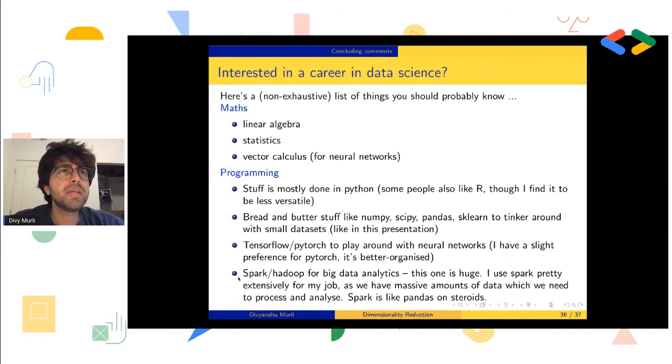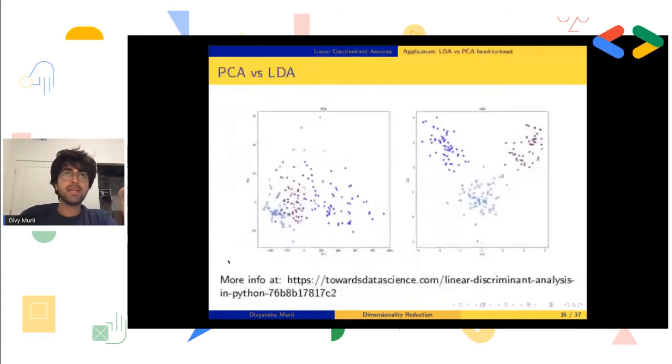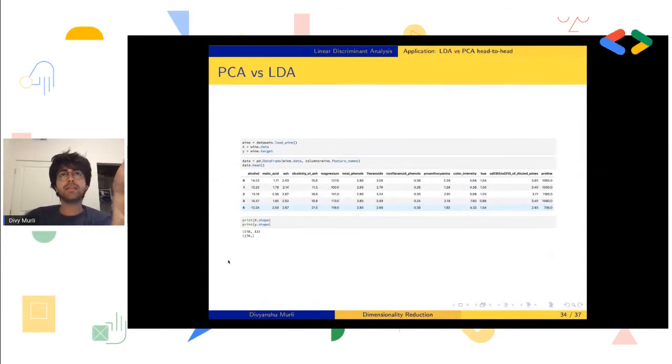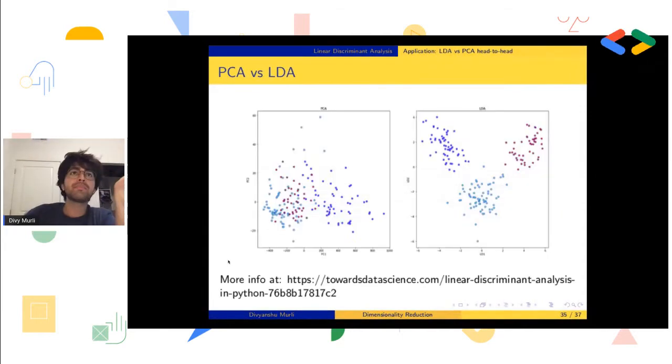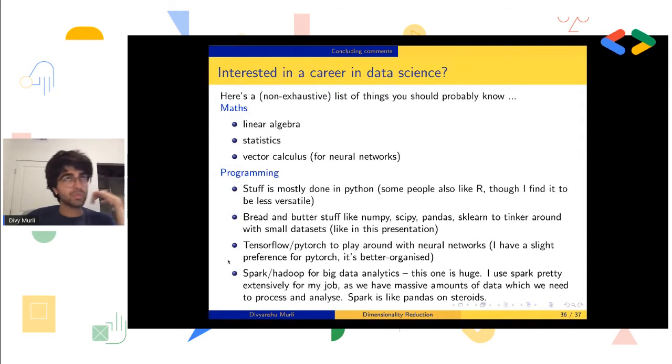And actually, something just came to mind now. I didn't put it on here, but SQL is also super important, because typically the data itself isn't given to us cleanly like it was in this case. It's like, hey, here's the data set, now you can play with it. In most real world applications, the data is not readily available.